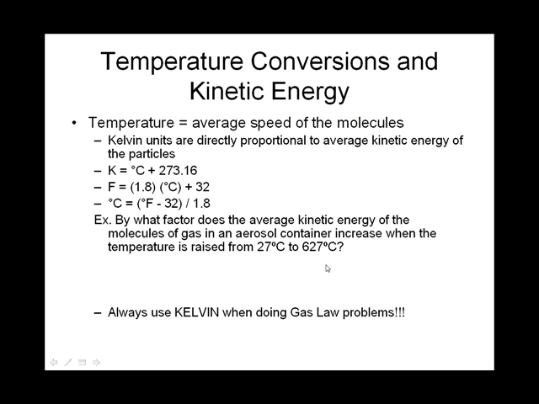I want to talk about temperature a little bit. So temperature can be represented in either Kelvin, Celsius, and Fahrenheit. These formulas are provided in your cruncher, so you do not have to memorize this, you just need to know where it is in your chemistry cruncher.